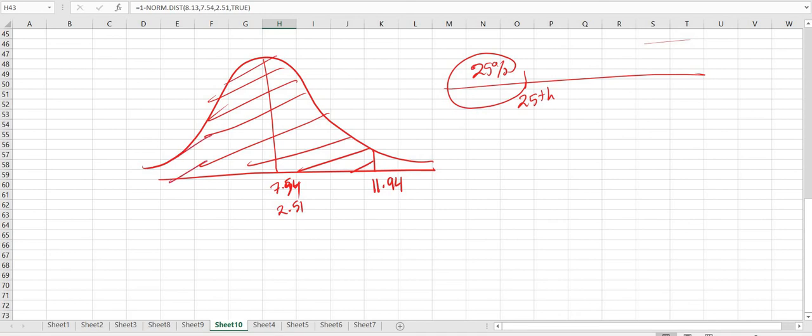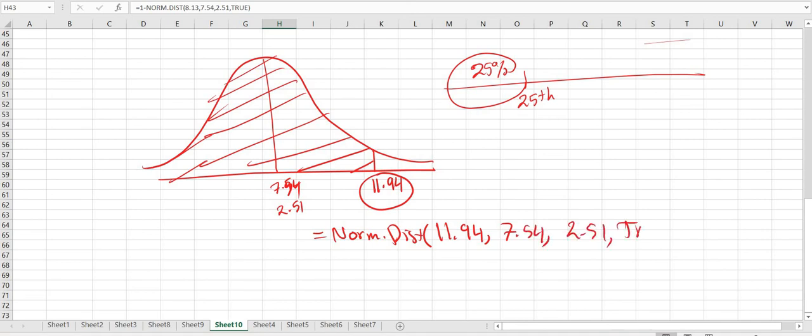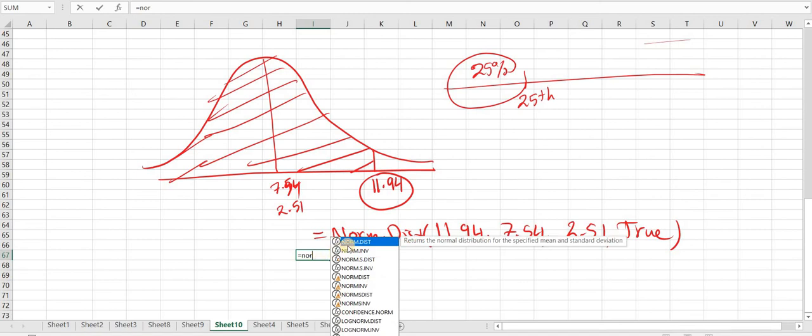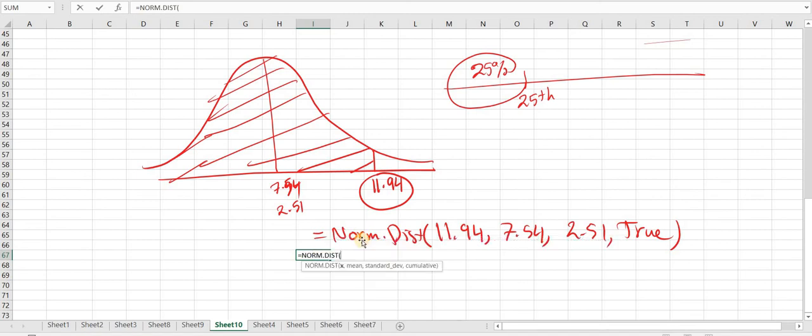We note that we can find the area to the left of any number in the normal distribution using the NORM.DIST function of that number, comma, the mean, comma, the standard deviation, comma, TRUE. And then we need to do one more thing, which is turning this into a percentage. So NORM.DIST of 11.94, comma, 7.54, comma, 2.51, comma, TRUE.